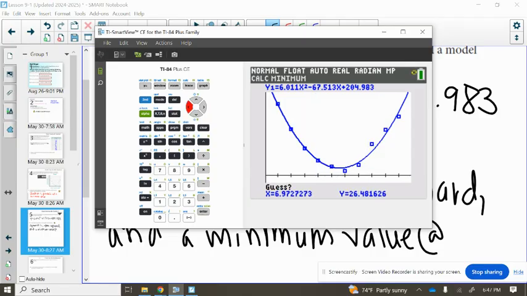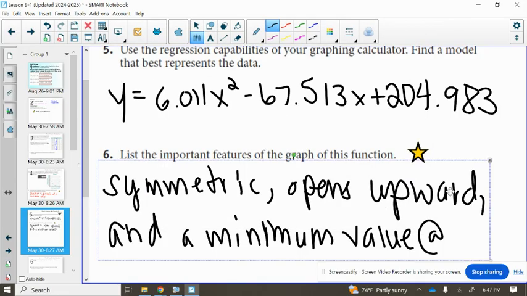And then last but not least, if we scroll to this minimum point, enter, enter, enter, we see we have a minimum point at about 5.6, 15.4. That will be our minimum point location on that.